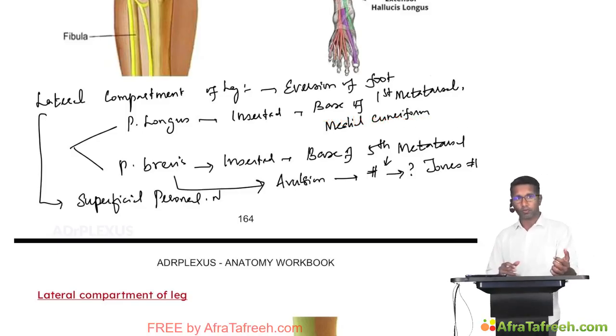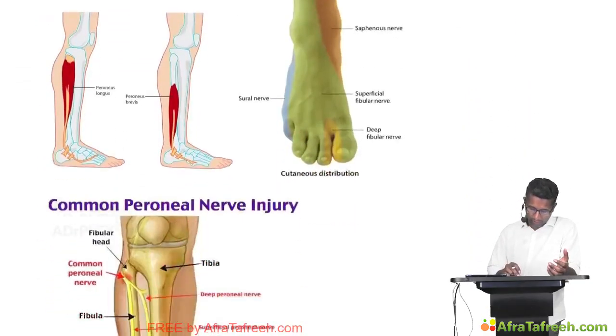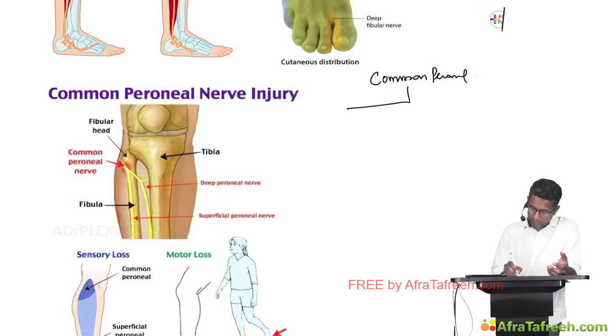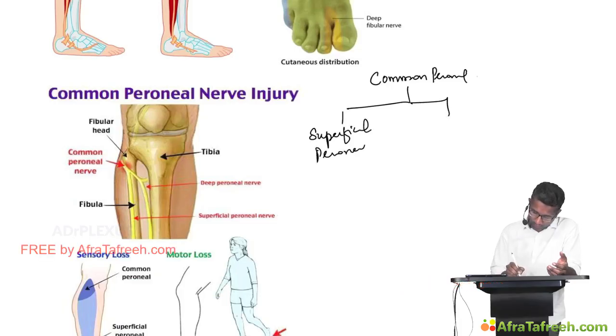Now where does the superficial peroneal nerve arise from? Where does the deep peroneal nerve arise from? There is a nerve called the common peroneal nerve, and this common peroneal nerve divides into two branches. One is called the superficial peroneal nerve, and the next branch is called the deep peroneal nerve.